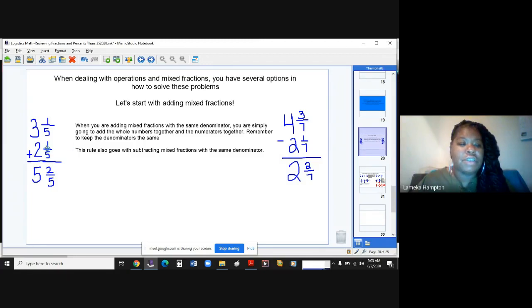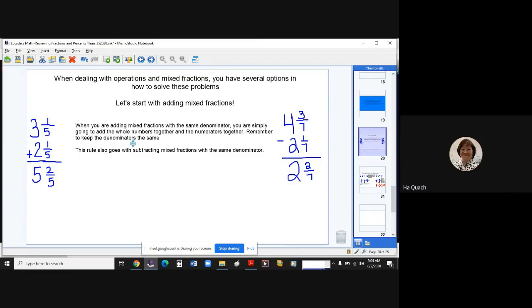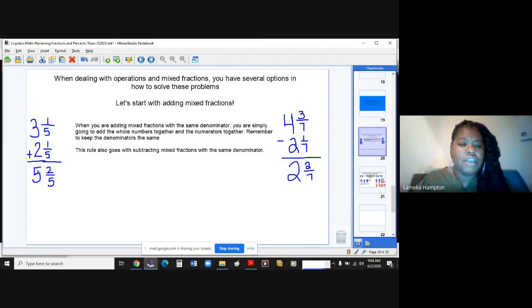What you see beside the writing is an addition problem with mixed fractions, and mixed fractions with subtraction.